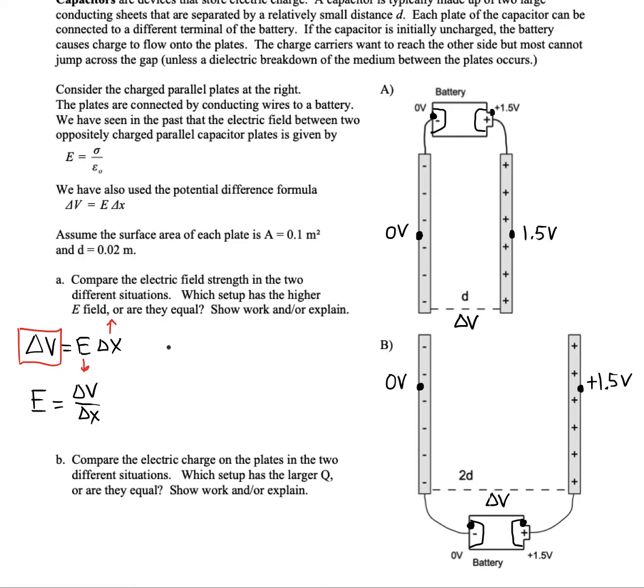And let's just do it for each setup. So for setup A, we'll have E equals 1.5 volts over 0.02 meters, which is 75 newtons per coulomb.